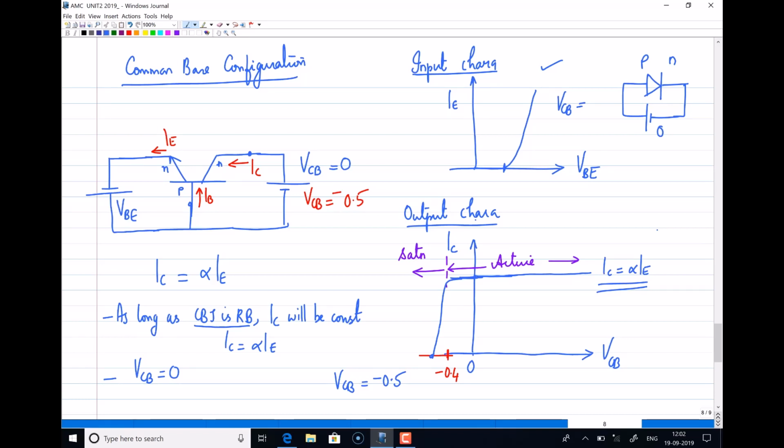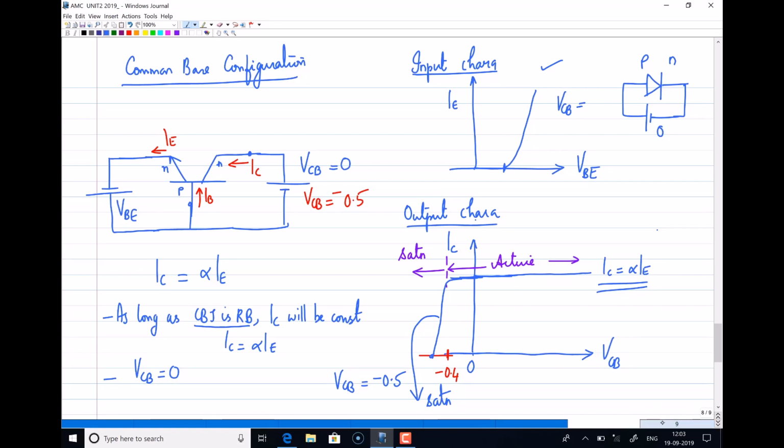The collector current will flow even for a zero VCB, and even if your VCB is less than 0, till VCB equal to minus 0.4, you can expect a current. After that, your current will actually reduce to 0.